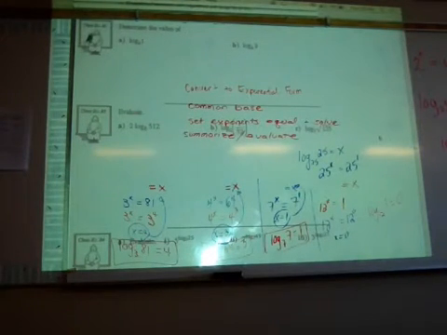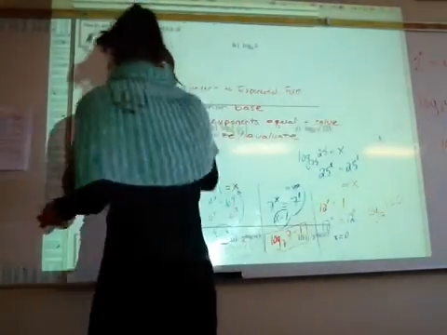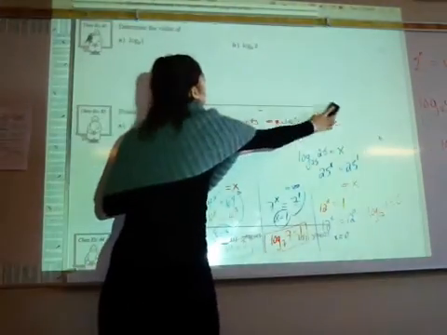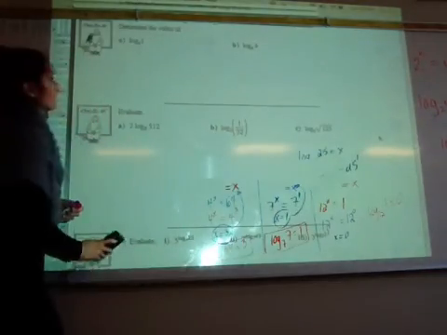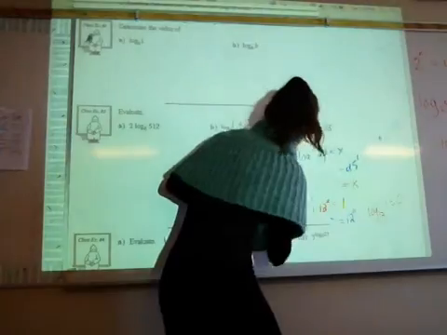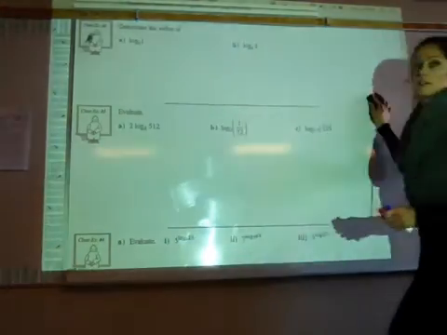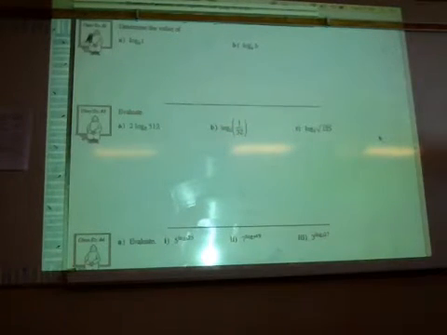Now let's just see what happens with any base and argument 1. Let you guys get a head start on the steps. So first, set it equal to an unknown. Convert to exponential form. And then solve.